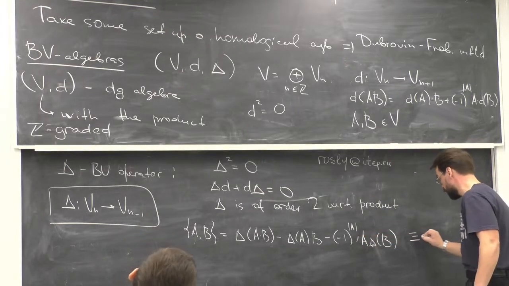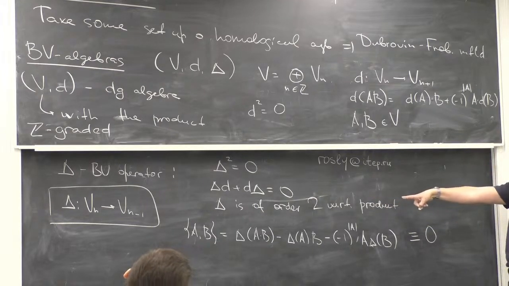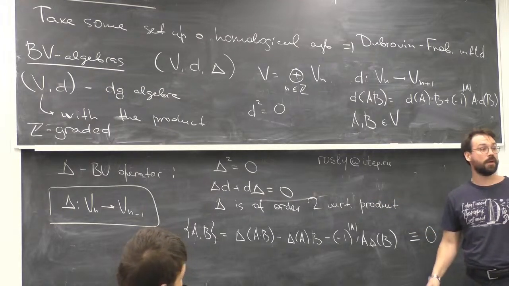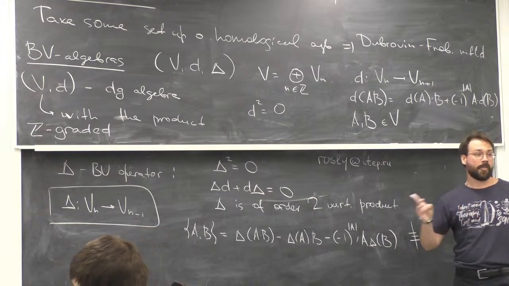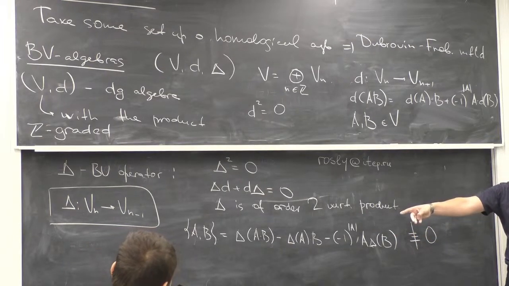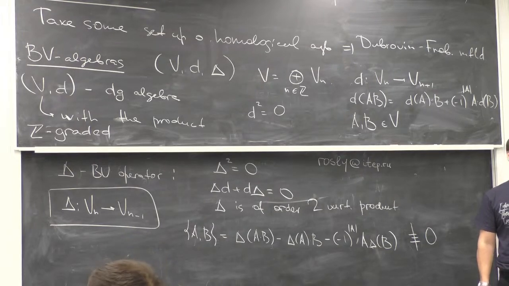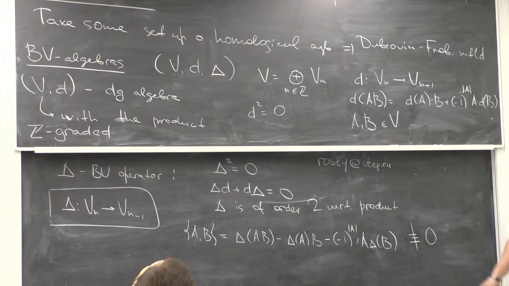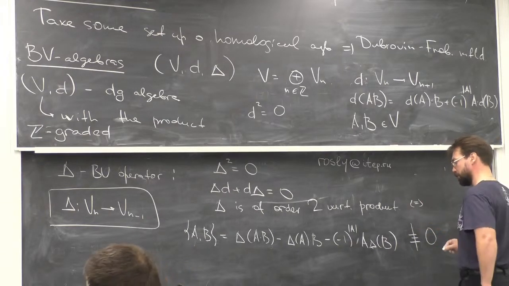The first condition is that it is non-zero. And the second is that it is a bracket which satisfies the Jacobi identity. This is a requirement for this BV operator. That's the condition on delta.